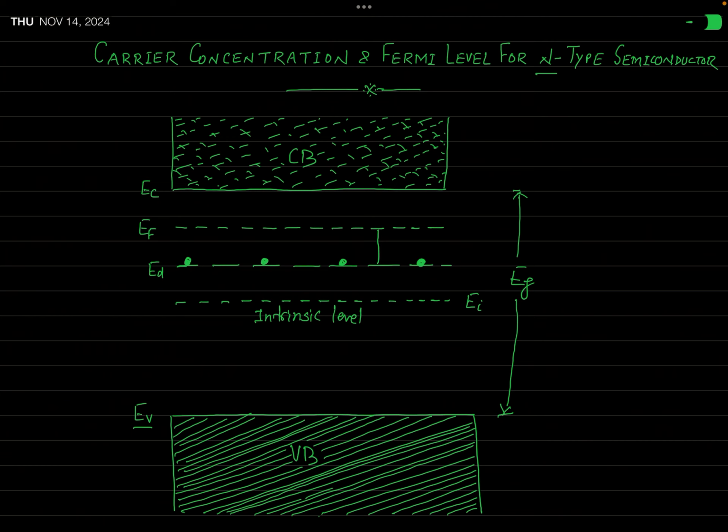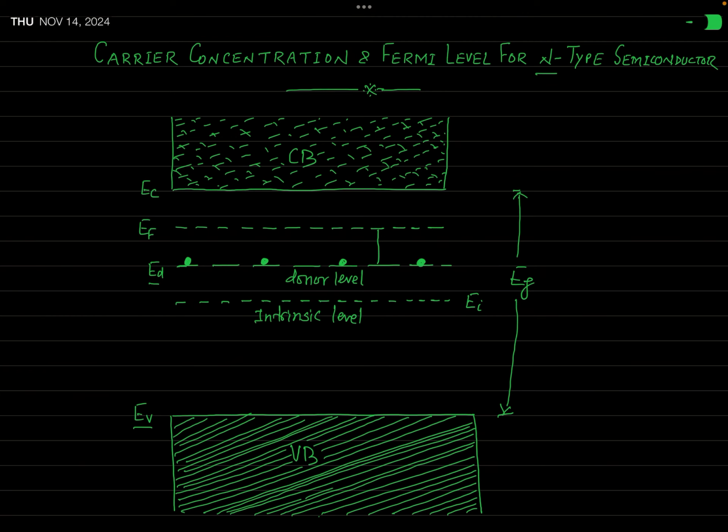And this Ed, you can see, is called the donor level, and the donor impurity atoms are present in this energy level. By these small spheres, I have shown some of the donor atoms present in this donor level.